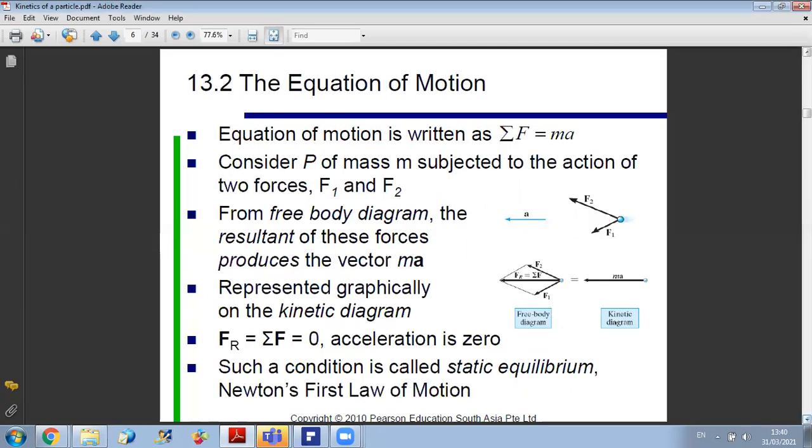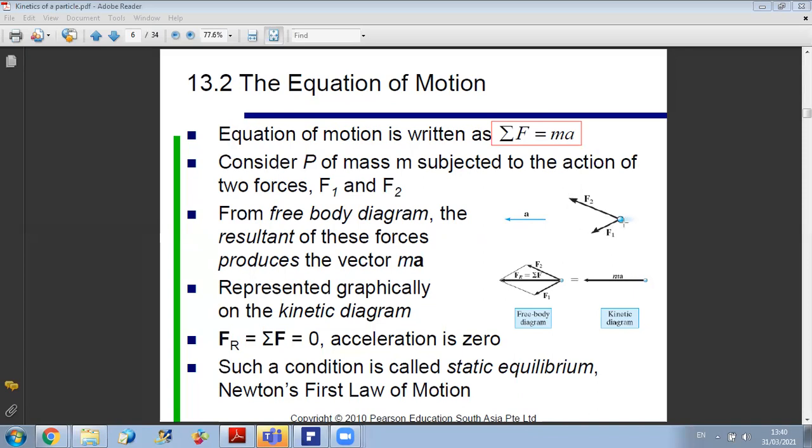Now we will start with the Newton law. We know that the Newton law will relate forces applied on a particle to the acceleration of this particle. In general, when we do the sum of forces, we can replace the sum of forces by one resultant force. If you draw the free body diagram, it represents all forces acting on a particle.